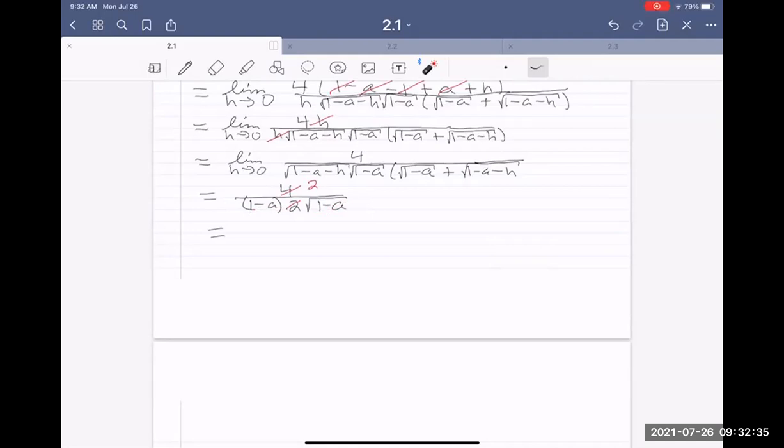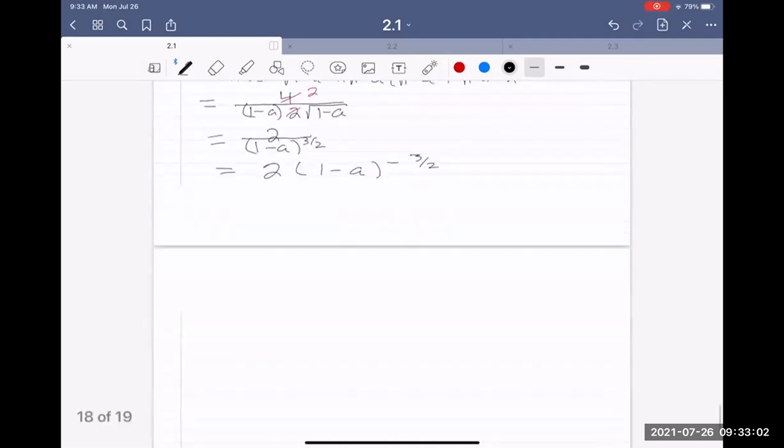So this will become, maybe I'll write it this way. So this will become 2 over 1 minus a to the 3/2, which I could write as 2 times 1 minus a to the negative 3/2. Okay, good.